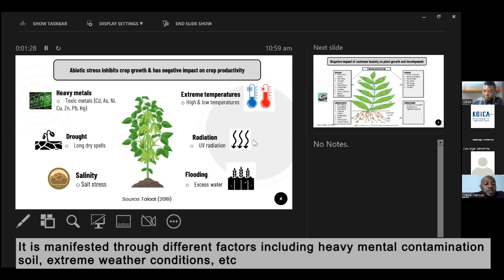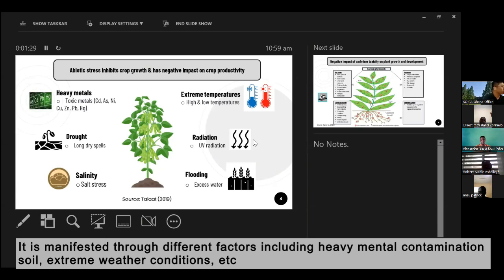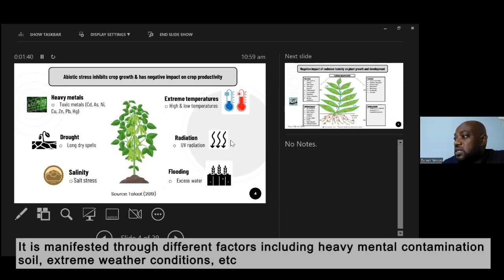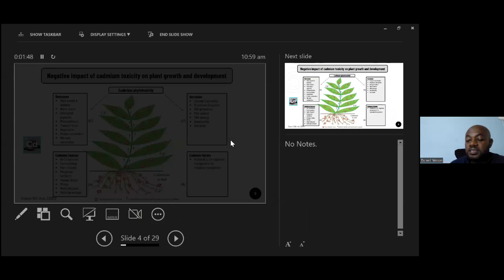With the current climate change phenomenon, we have also seen much of droughts, flooding, increasing temperatures, and also accumulation of salt, precisely salinity. And these are all things that are within the ecosystem of production, the influences that will happen.